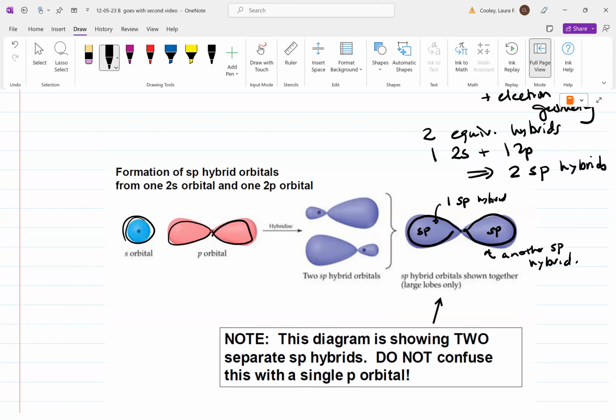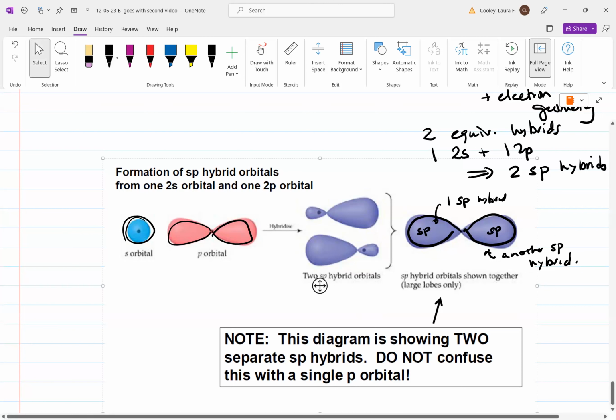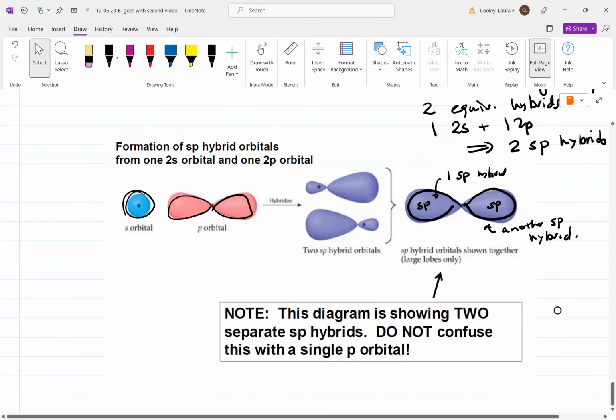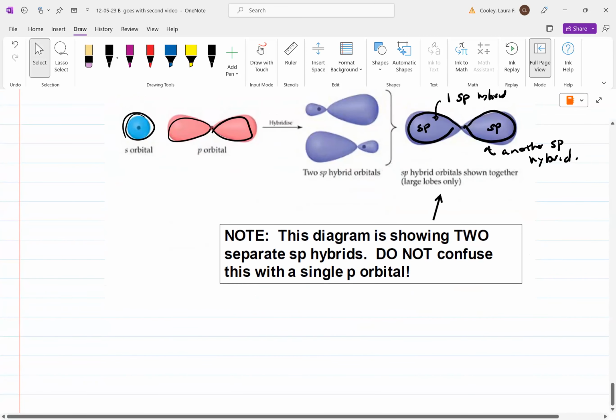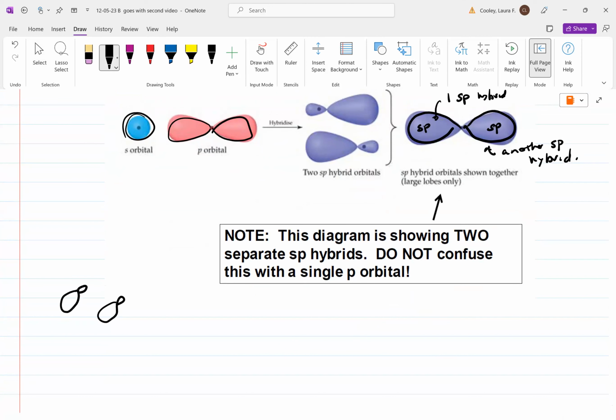The hybrids, like I said, they're in between s and p. And it's funny when these books show an sp cubed hybrid looking like this, an sp squared hybrid looking like this, an sp hybrid looking like this, but really it's not quite the way it is.